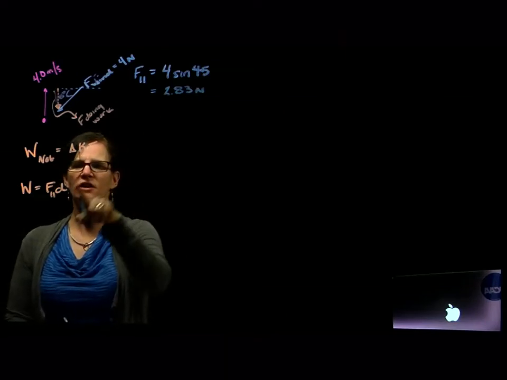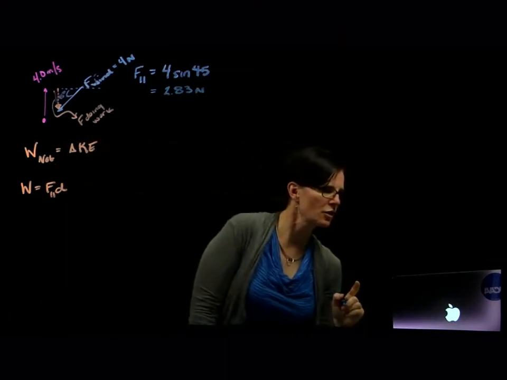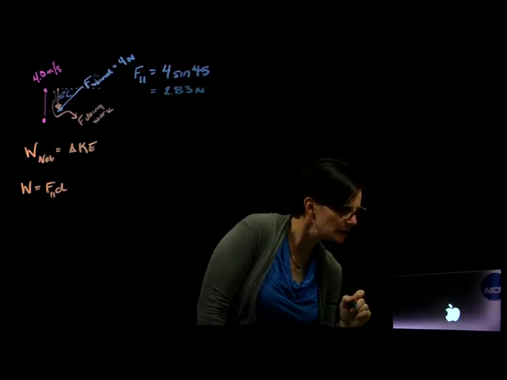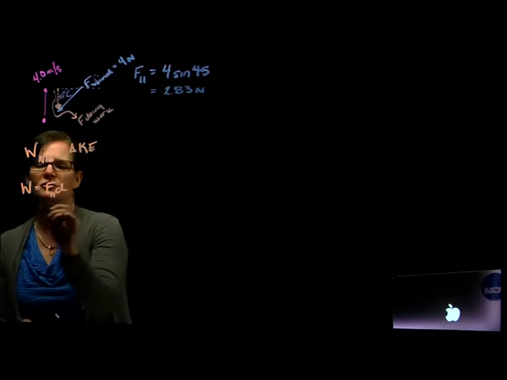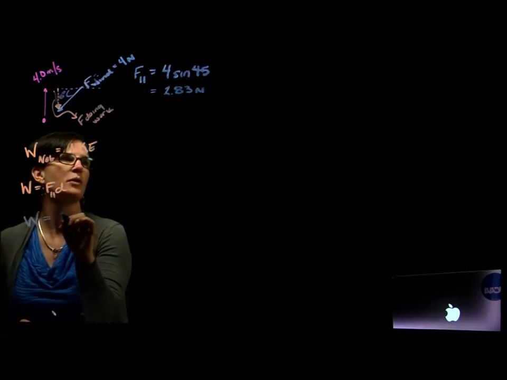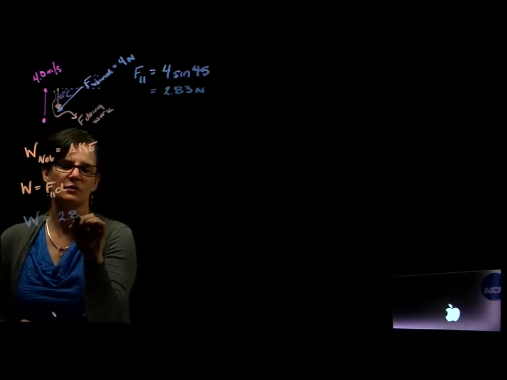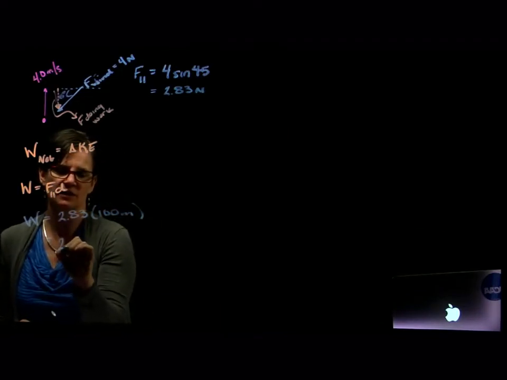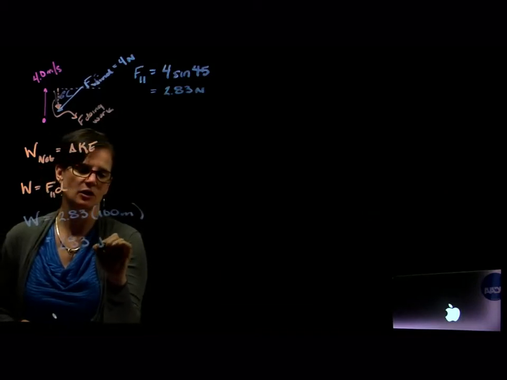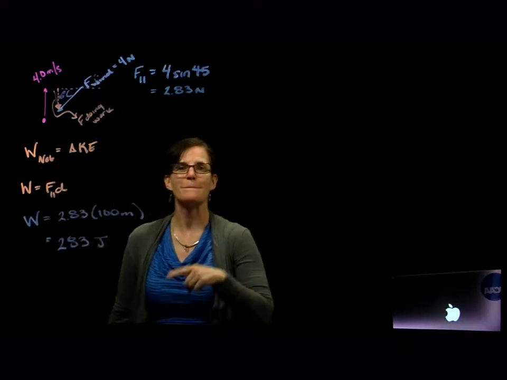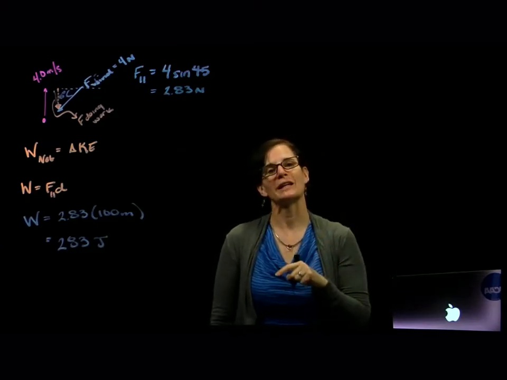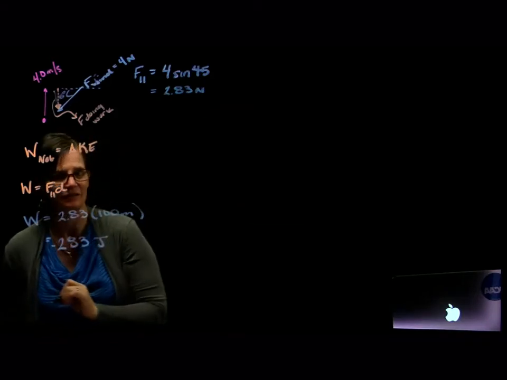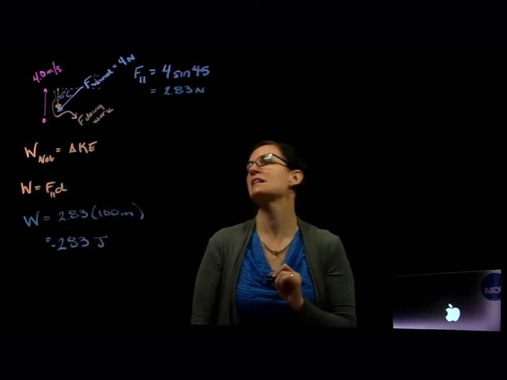And the figure skater is going 100 meters, I think. Yep. So 100 meters. So the work being done by that force is 2.83 times 100 meters, and we get 283 joules of work being done by that force. It's working against the motion, so it is a negative work.